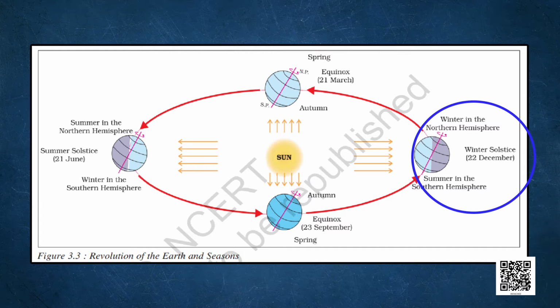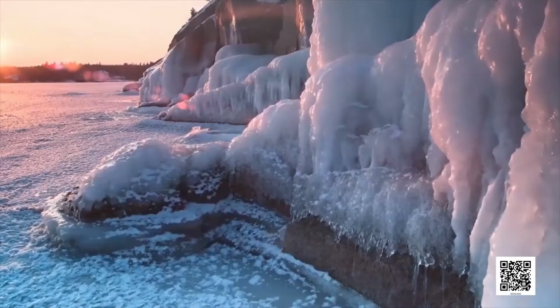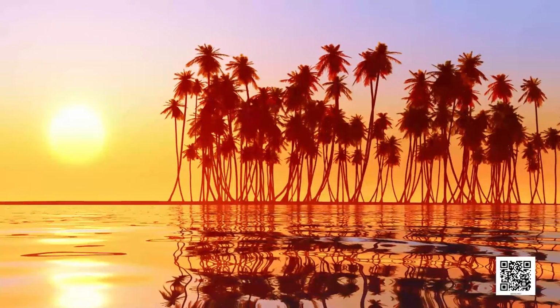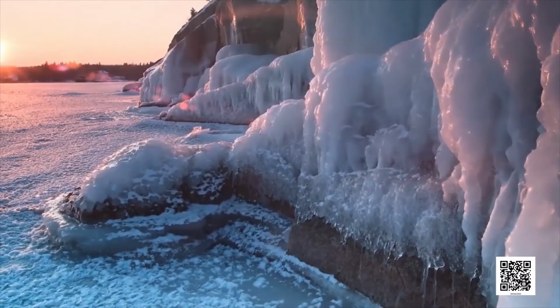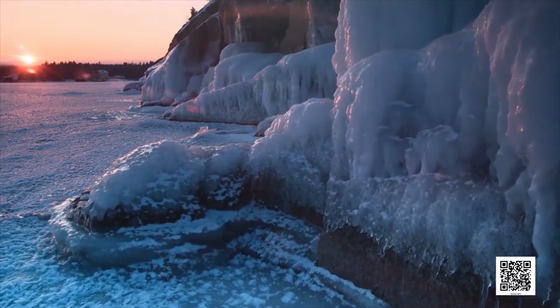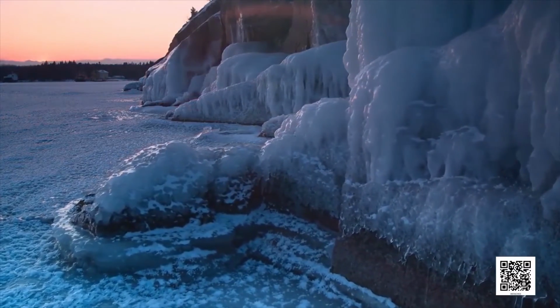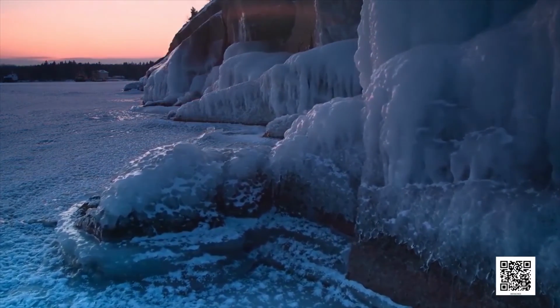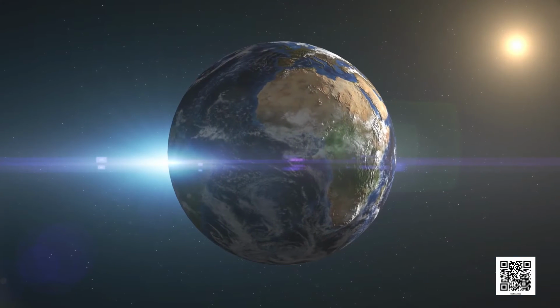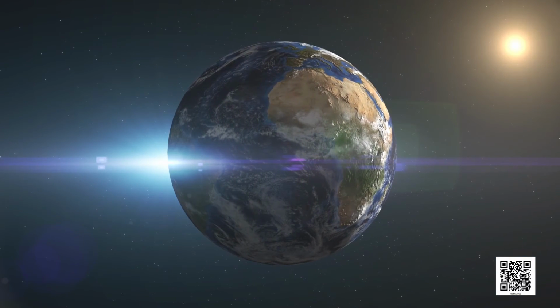That variance causes the northern hemisphere to experience winter while the southern hemisphere experiences summer. If Earth didn't revolve, this situation would never change and the northern hemisphere would experience constant winter. Fortunately, Earth is not static and does revolve.